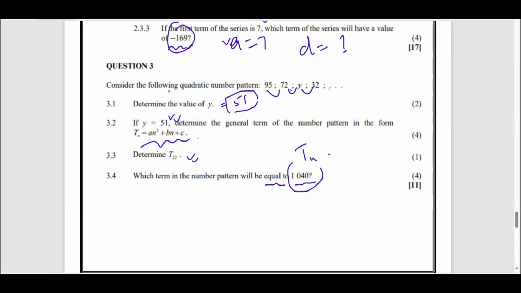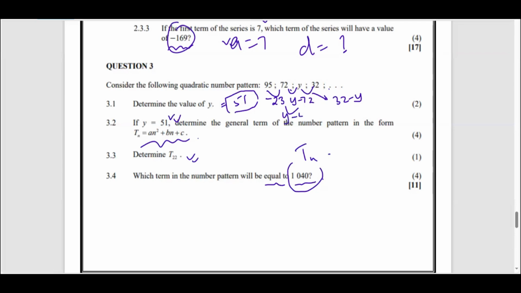Okay, let's see. Let's not just talk. So 72 minus 95, which is negative 23. This is y minus 72. And then this is going to be 32 minus y. Then down here, it's going to be negative 72 plus 23, which is negative 49.